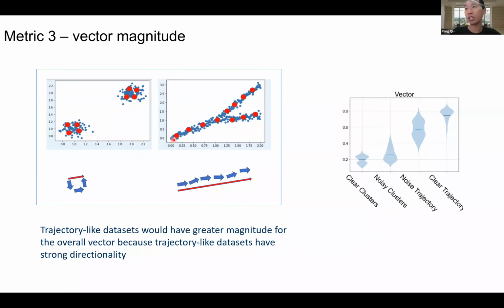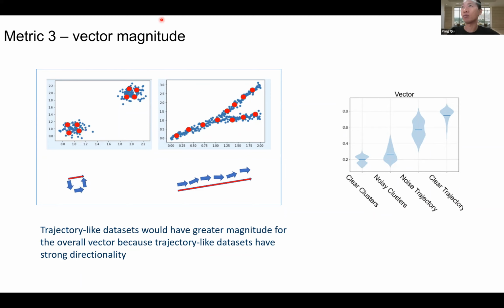In trajectory-like data, we can go really far. But in cluster-like data, when we over-cluster and jump across the clusters, we're just hovering around the same place and unable to go far, right? So magnitude will be small. And as shown here, this metric also has good ability to distinguish clusterness and trajectoriness.